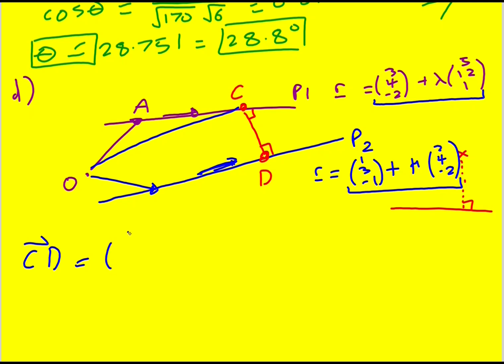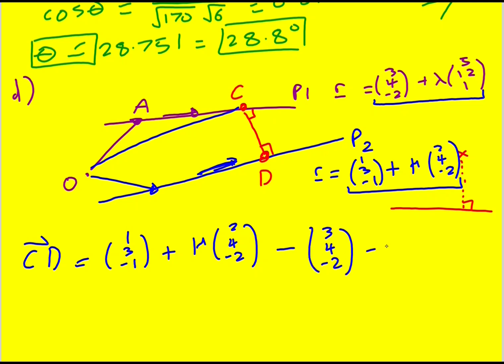So what I'm saying is I'm going to do (1, 3, -1) plus mu (2, 4, -2), that's O to D, and I'm going to be minusing O to C, or the same as CO. So minus (3, 4, -2) minus lambda (5, 12, 1).